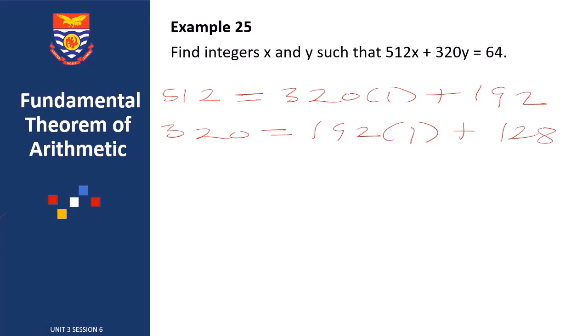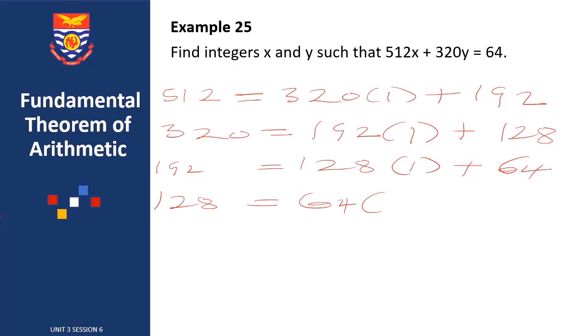Similarly, 192 equals 128 times 1, remainder 64. And then 128 equals 64 times 2, remainder 0.